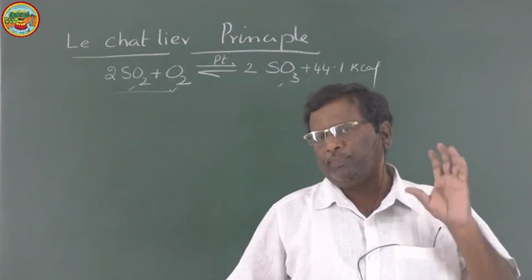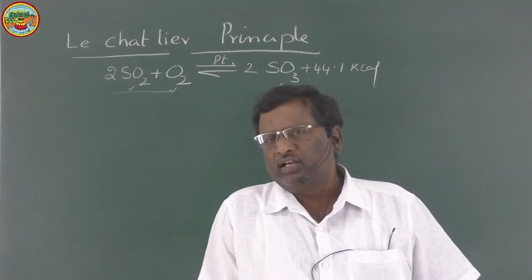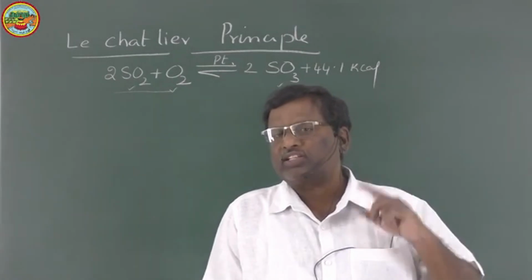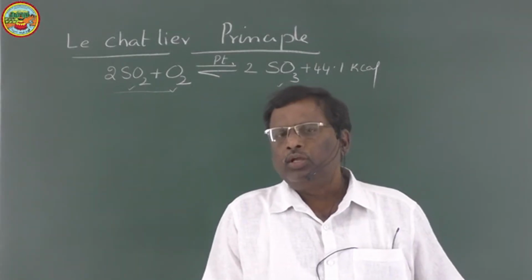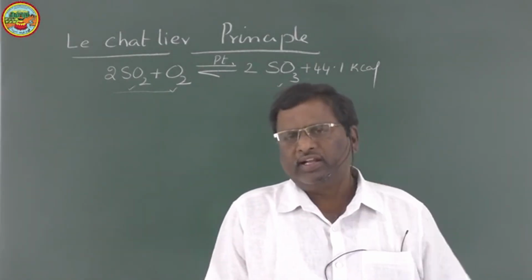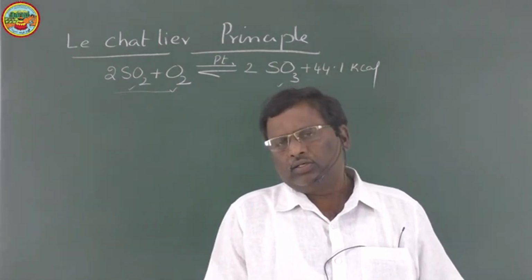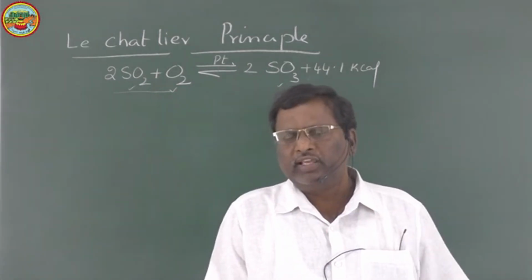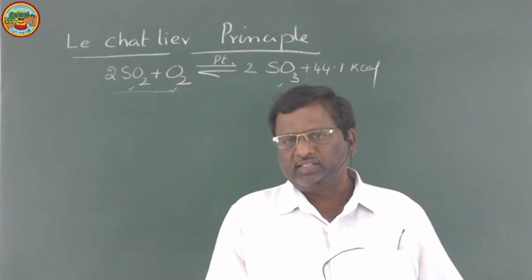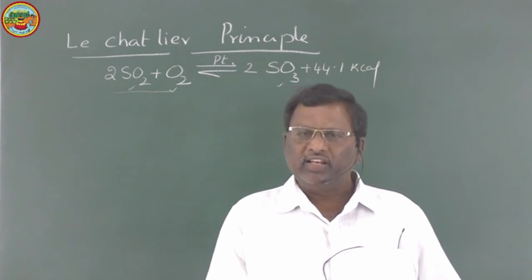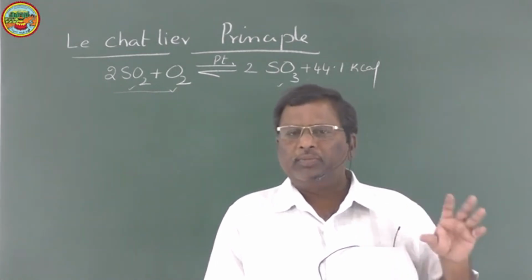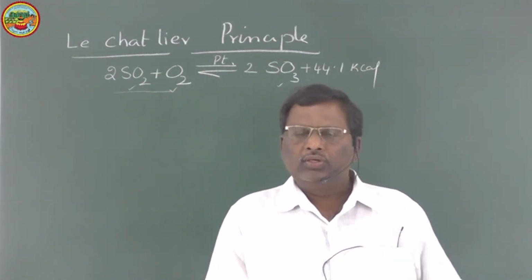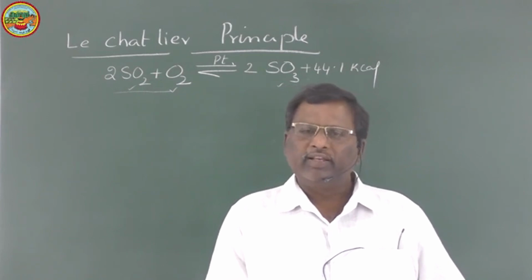That means low temperatures are favorable conditions for forward reaction. So in the preparation of SO3, low temperatures are favorable conditions. But at very low temperatures, the rate of the reactions is very low. That's why optimum temperatures, 550 to 750 degrees centigrade, are maintained.